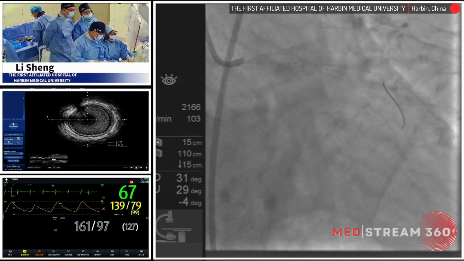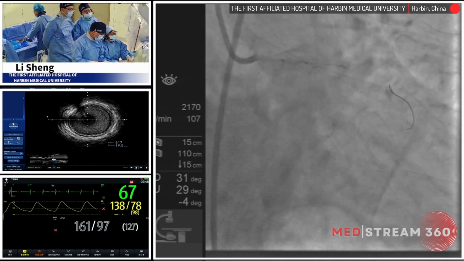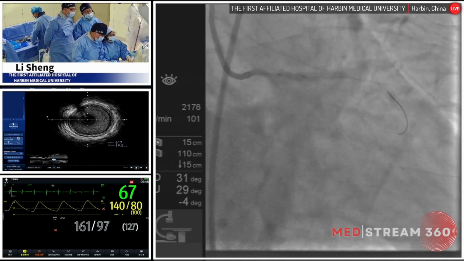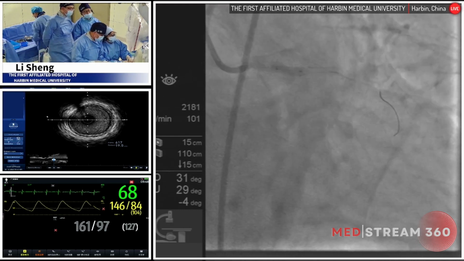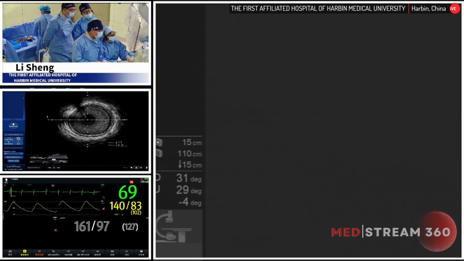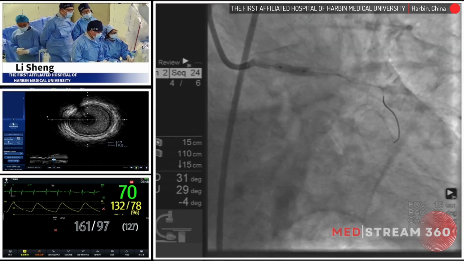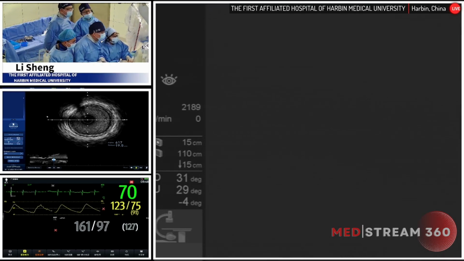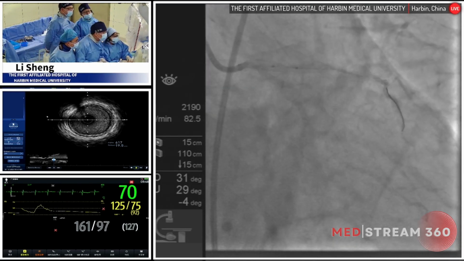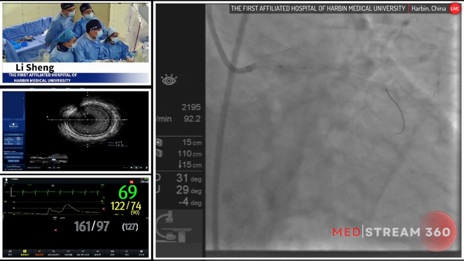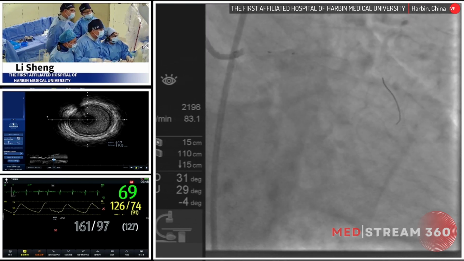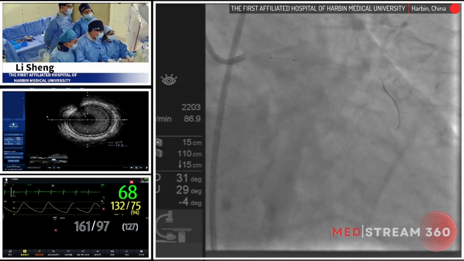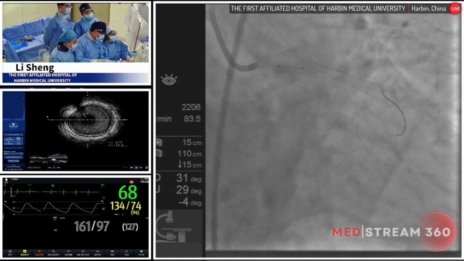So in our team, we only use the KBI when the flow of the side branch is under TIMI 3, or there's a dissection more than grade B, or the FFR or QFR is less than 0.8. The KBI will give the patient more risk of a dissection in the side branch. Yeah, I see. So it depends on the lesion characteristics.